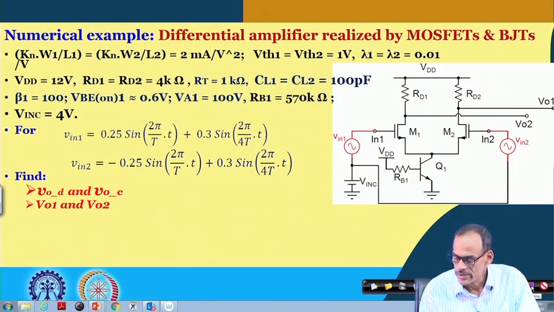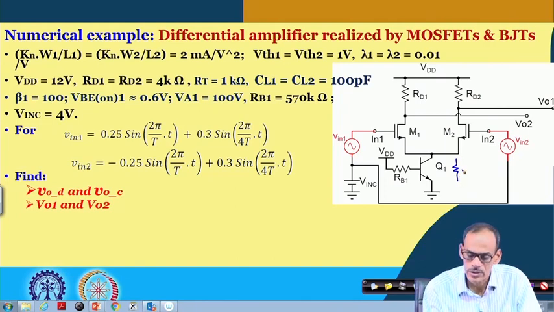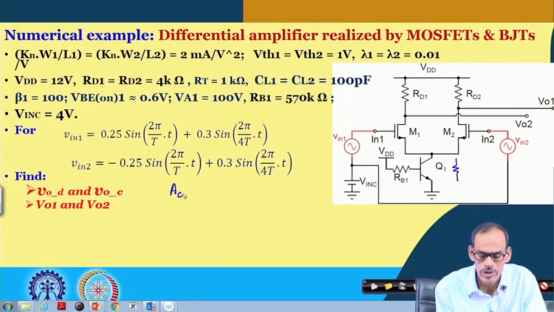So, to calculate the common mode gain, in the expression of common mode gain we have gm RD in the numerator, and in the denominator we have 1 plus 2 gm into RT.